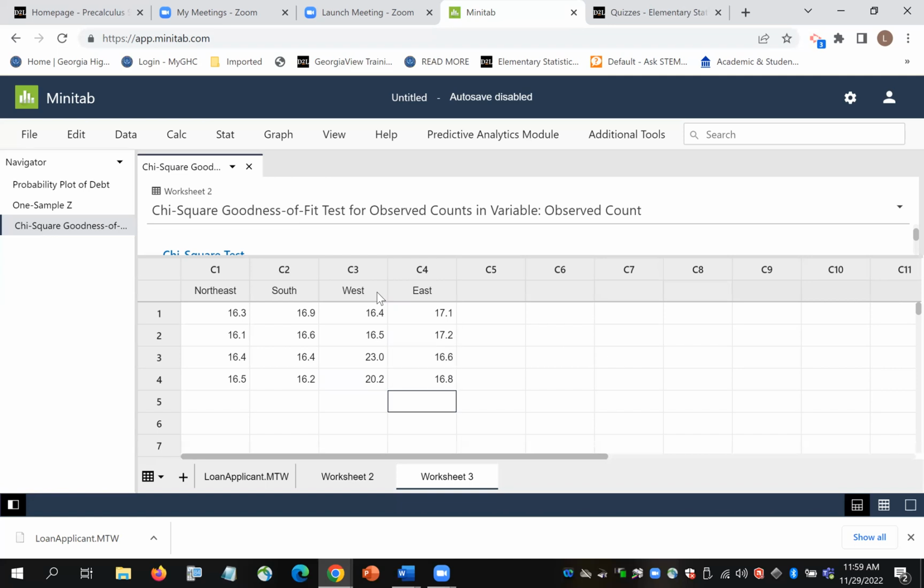Okay, so you have to enter the data. Again, basically, I've recreated that table that was given to us in the problem.